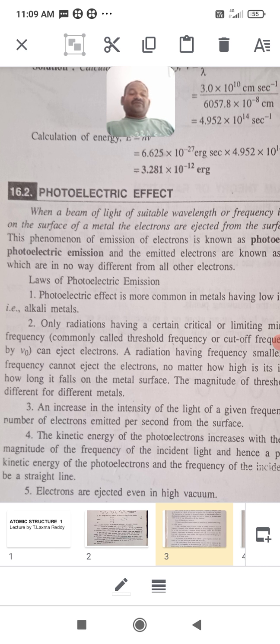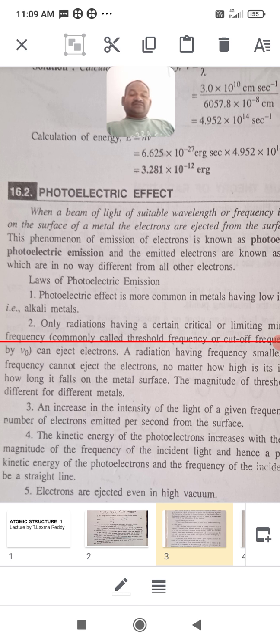A radiation having frequency smaller than the threshold frequency, that is important, cannot eject electrons, no matter how high its intensity is and for how long it falls on the metal surface. The magnitude of threshold frequency is different for different metals.